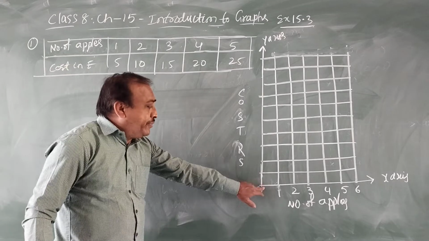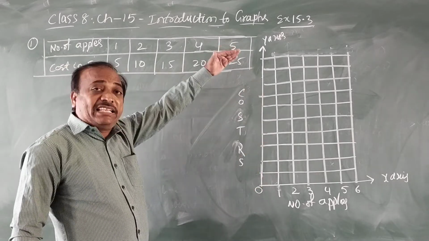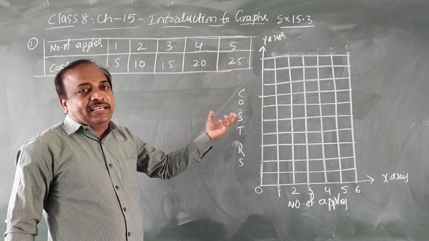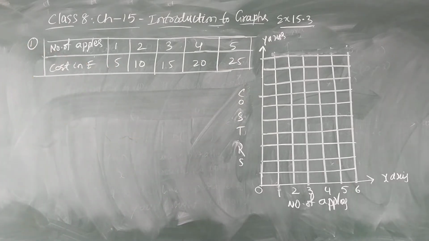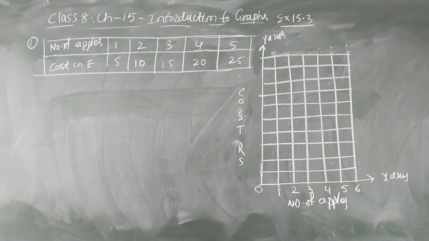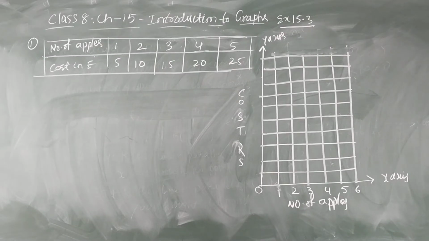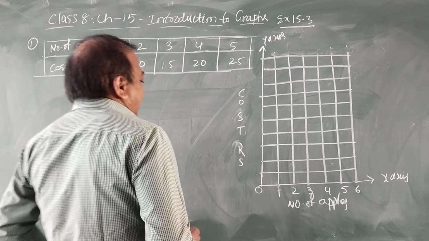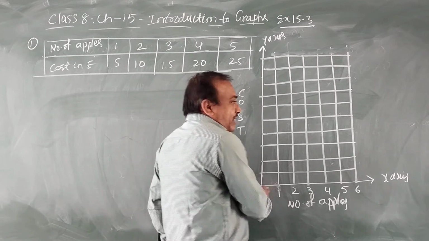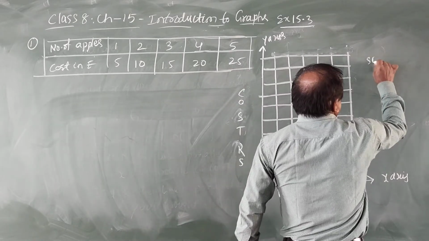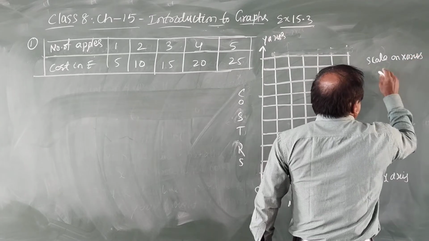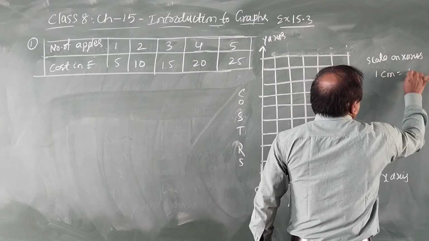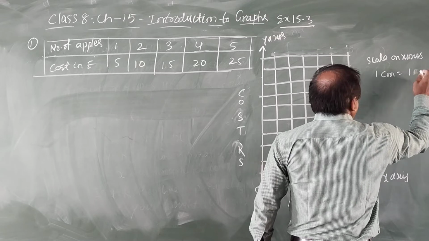For the cost in rupees, we need an appropriate scale. If you take 1 unit as 1 rupee, it becomes too big, so take the lesser values and select a proper scale. On the x-axis, I took 1 centimeter equal to 1 unit, that is 1 apple.